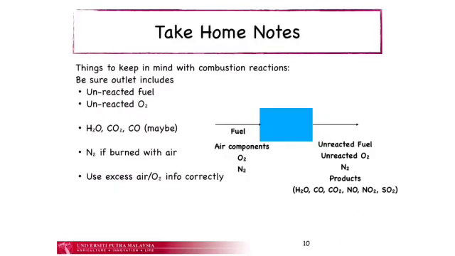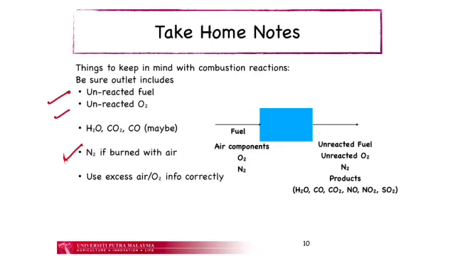Okay, some take-home notes before I end the combustion section. When you are drawing your flow chart, remember if you are using air, always have N2 as an unburned material that's coming out in the product stream. There are also unreacted O2 and also unreacted fuel if it says that none of those are being used up.